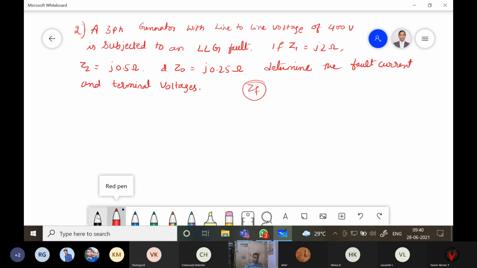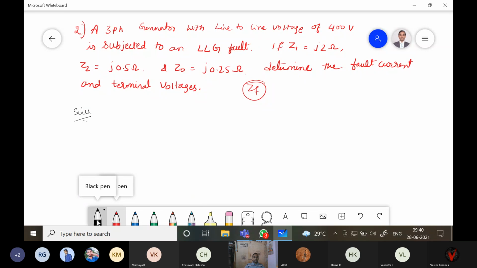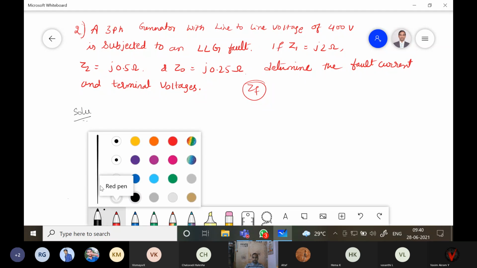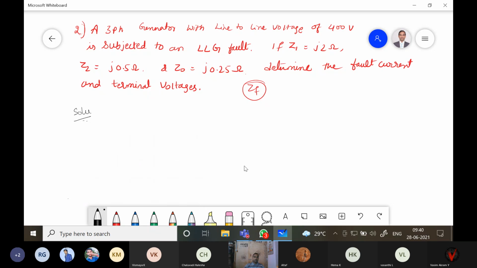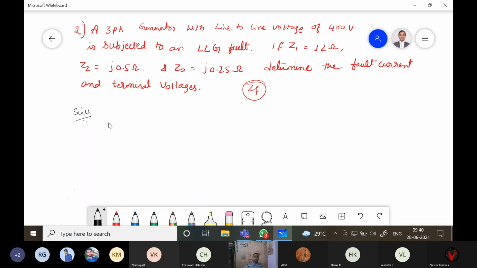Solution: draw the circuit for LLG fault.